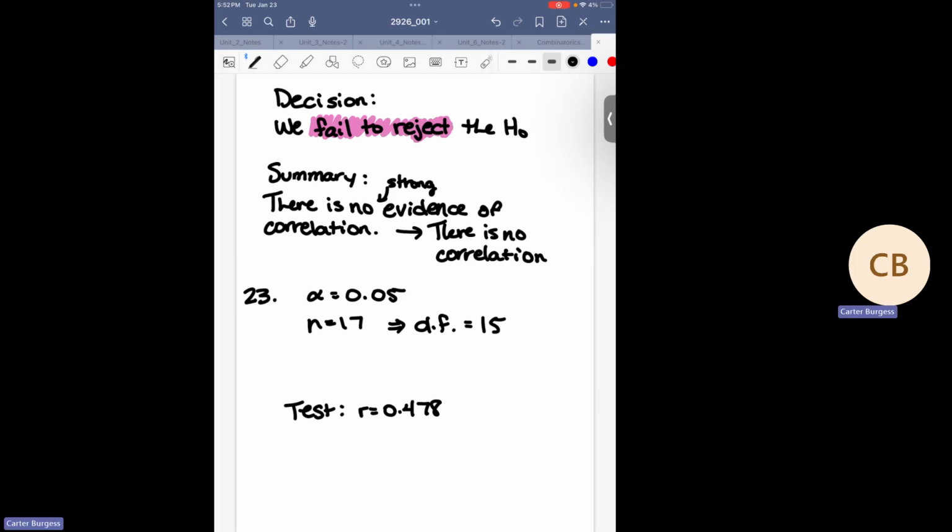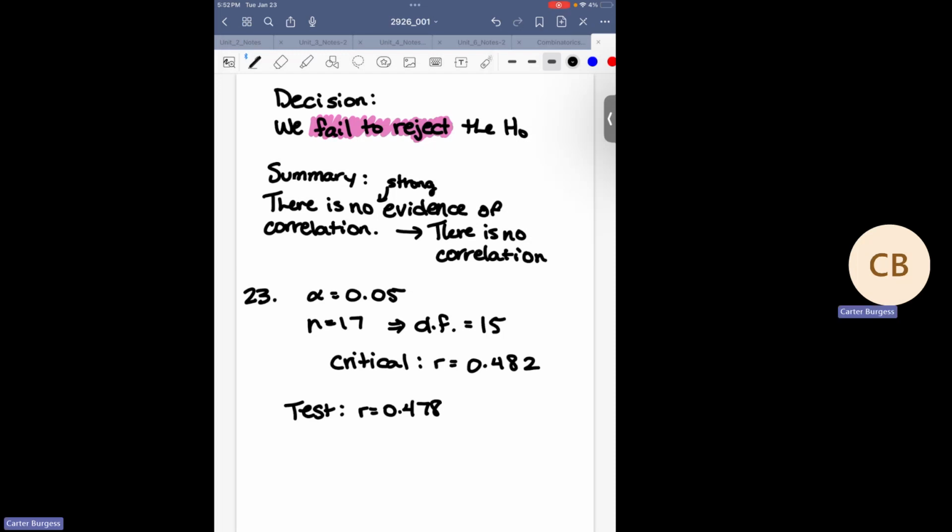And for a two-tailed test at an alpha value of 0.05, the metric to beat, the critical value, which I'm just getting by looking it up in a table that I found online, and I would provide you this obviously on the test, is 0.482.